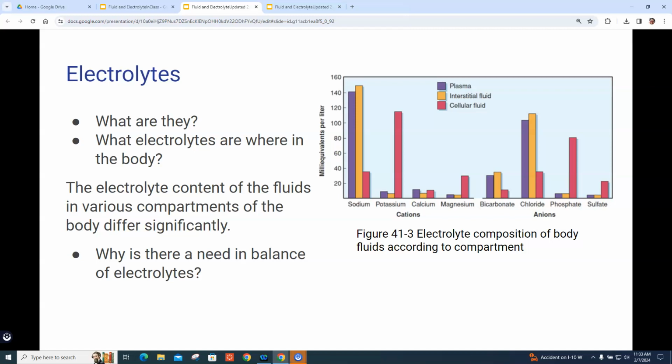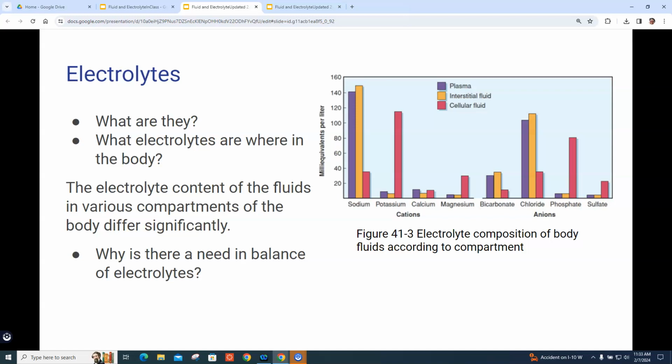Electrolytes and their varied charges are responsible for the chemical interactions that are needed for metabolism and other bodily functions. The major cations in the body are potassium, sodium, calcium, and magnesium, while the major anions are chloride, phosphate, sulfate, and bicarbonate, but we focus on chloride and phosphate.